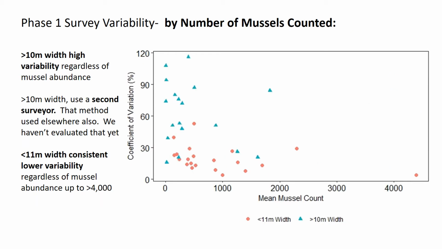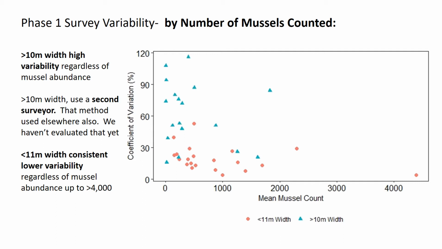This slide shows Phase 1 variability by the number of mussels counted. On the y-axis we have the coefficient of variation. On the x-axis we have the mean mussel count going out beyond 4,000 mussels. The red dots are reaches with a width of less than 11 meters. The blue triangles are reaches with a width of greater than 10 meters.